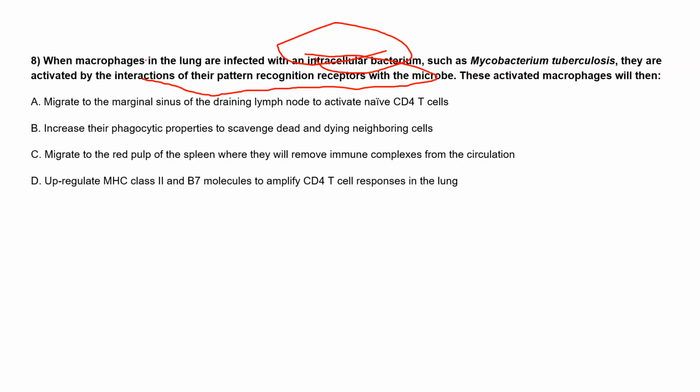Option B, increase their phagocytic properties to squelch dead and dying neighboring cells. Option C, migrate to the red pulp of the spleen where they will remove immune complexes from the circulation. Option D, upregulate MHC class 2 and B7 molecules to amplify CD4 T cell response in the lung.